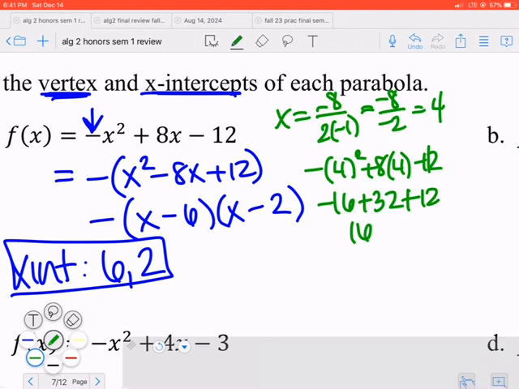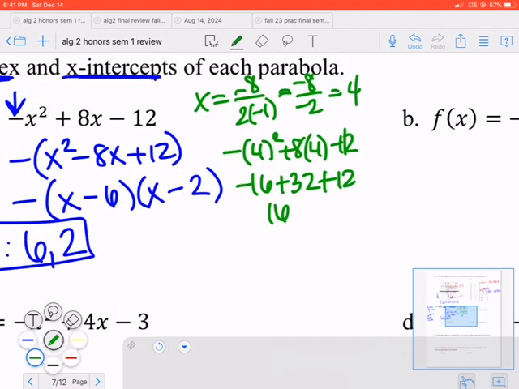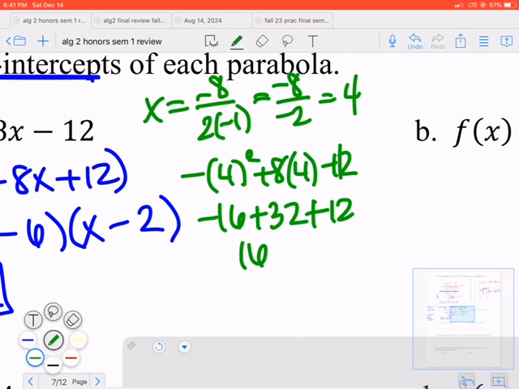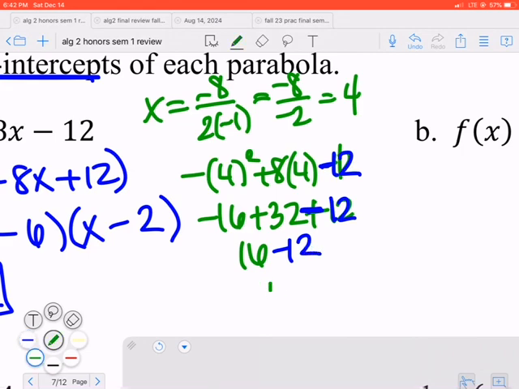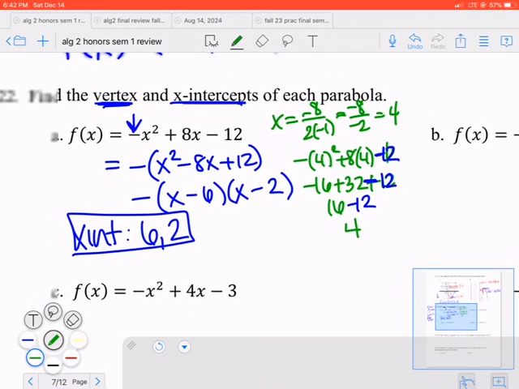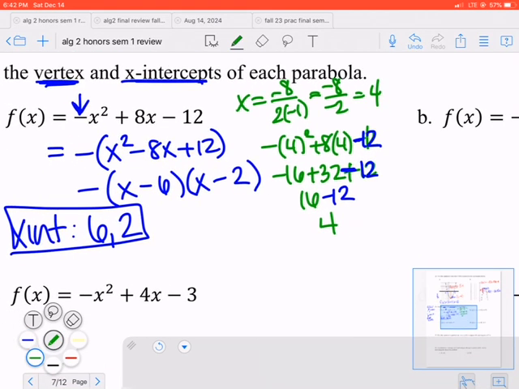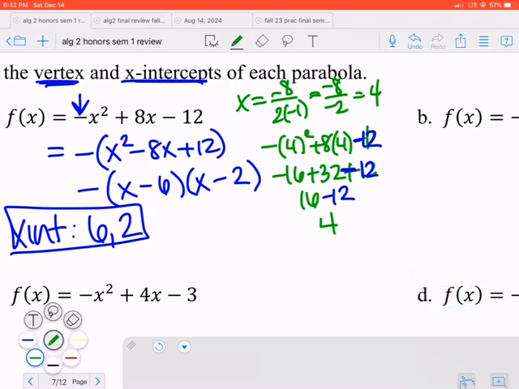I feel like I did something wrong. Oh, it's minus 12. Minus 12. So 16 minus 12 is 4. So our vertex is 4, 4. What am I trying to find? Oh, the vertex. Vertex 4, 4.